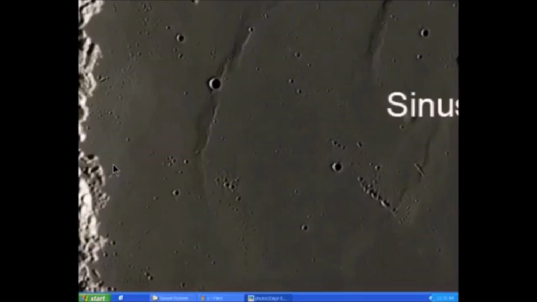Okay, this is a close-up from a more recent lunar orbiter, and what you see is really quite astounding. Innumerable craters. Not only the well-resolved ones, but the ones near the limit of resolution. You can see that there are literally countless small craters.